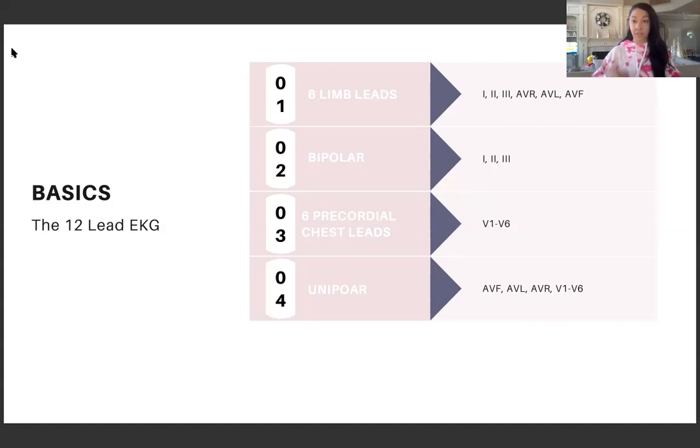V3 and 4 is at the ventricular septum, and then 5 and 6 is over the left part of the chest, right? And those are unipolar, okay, along with the foot lead, AVF, AVL, and AVR. That's just a single positive recording is what that means, okay? So I'm not gonna spend too much time here. I just want you guys to have this information so you know which leads are which, okay?